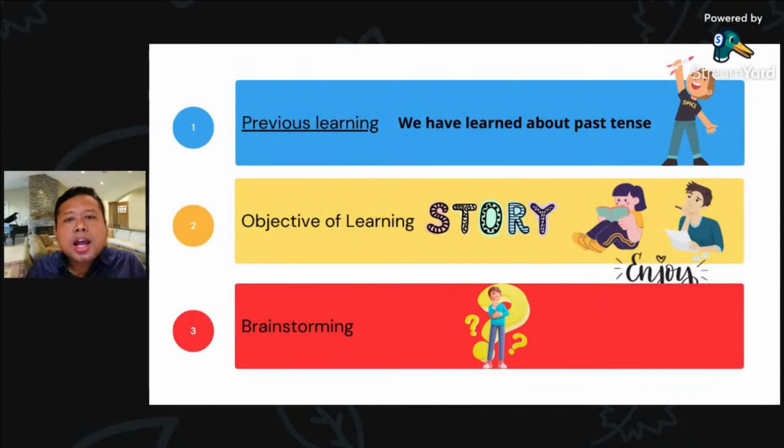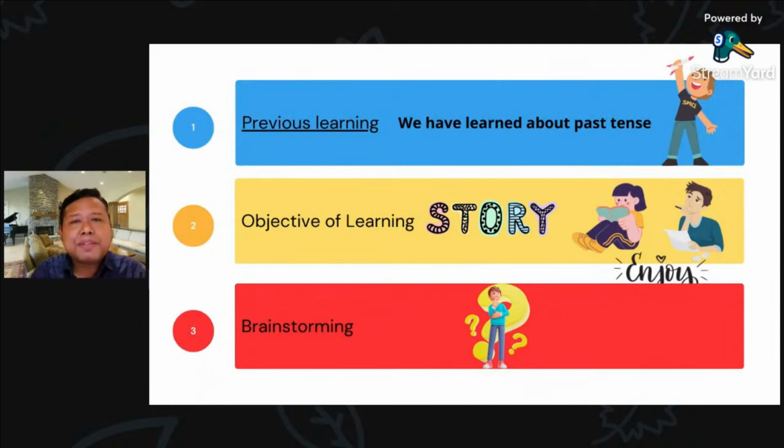I have some questions. The first is, do you still remember what we have learned in our previous learning? Yes, Lisa, we have learned about past tense. Anyone still remember the formula of past tense? Alex, yes, please.